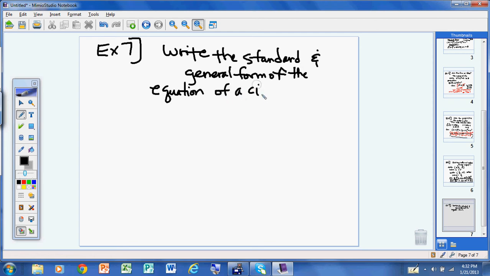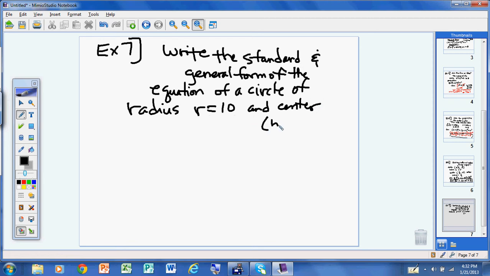Of a circle of radius which equals 10 and center HK equals 0, 0.